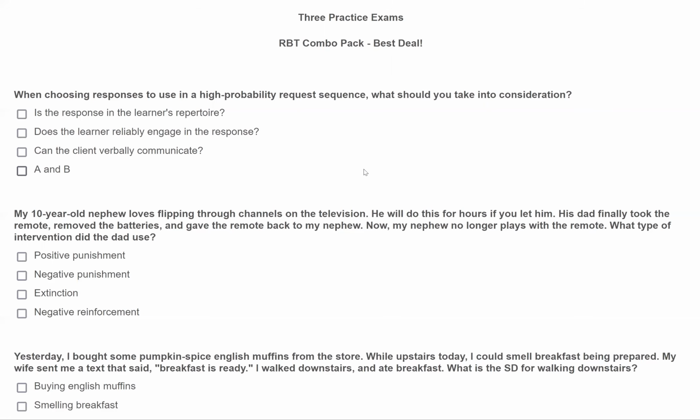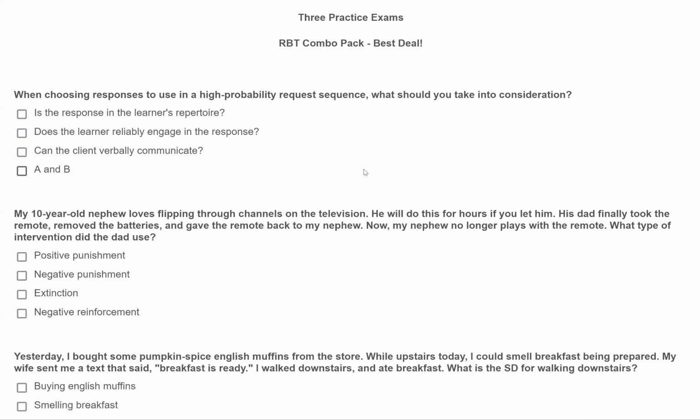Well, of course. If it's a high probability request, they need to be able to engage in that request very easily and very frequently, meaning they have to know how to do it. The repertoire is just all their set of skills and what they are able to do. So if we want to include a request in the high P request sequence, it needs to be in the repertoire. B, does the learner reliably engage in the response?